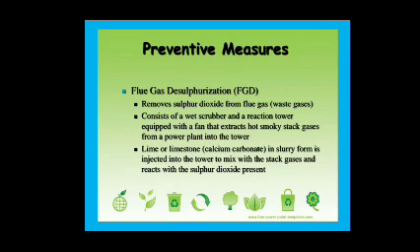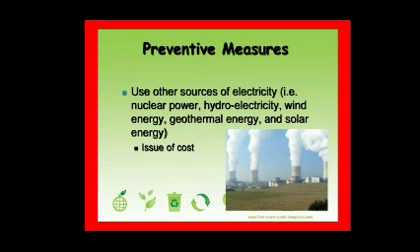Lime or limestone in slurry form is injected into the tower to mix with the stack gases and react with the sulfur dioxide present. Use of alternate energy sources, and finally the cost of fuels.